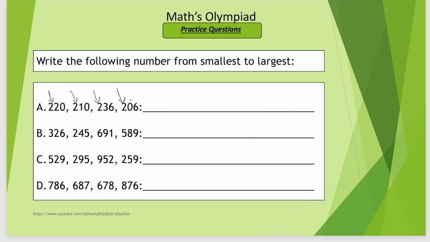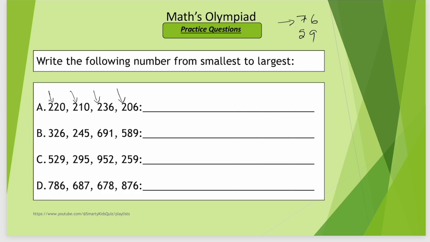So when the tens place number is small, this number is always going to be small, even though the ones place number is big, right? What I am trying to explain here is, let's say you have 76 and you have 59. Which one is big? This one is big. Why?